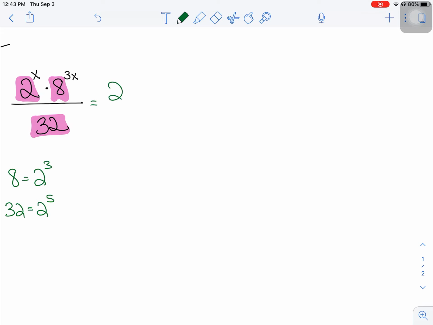So the 2 to the x is going to stay 2 to the x times. Now instead of writing 8, I'm going to replace it with 2 to the 3rd, and then also pay attention to this exponent of 3x here. That's not going to disappear. And then in the denominator, I have 32, and that would be replaced with 2 to the 5th.